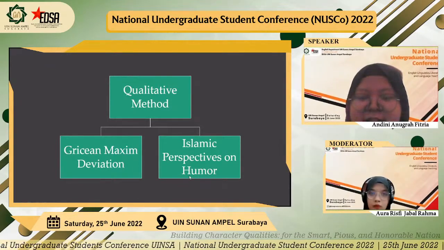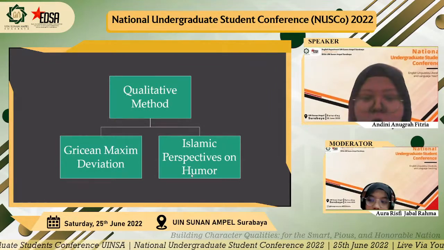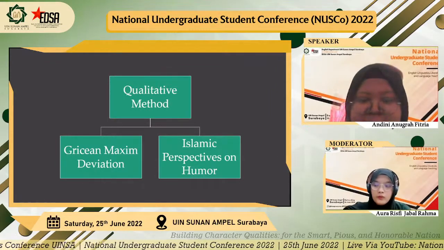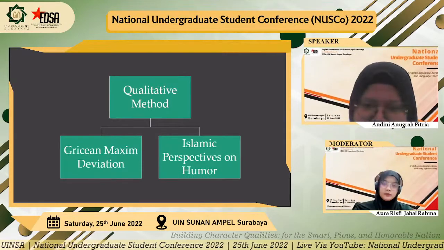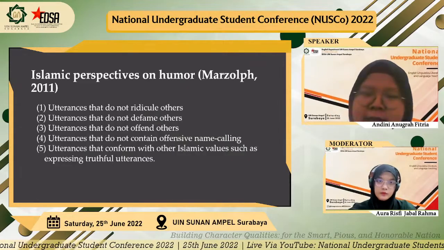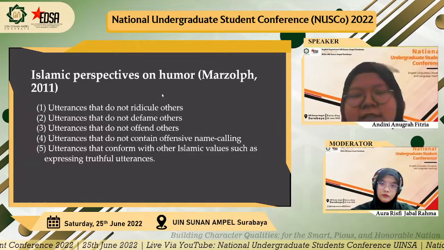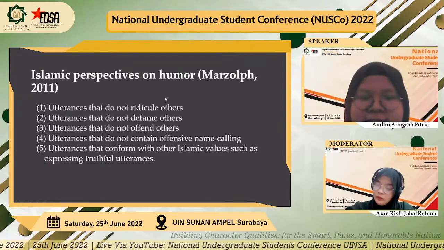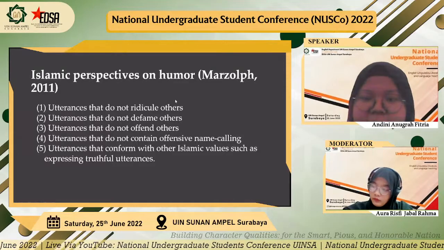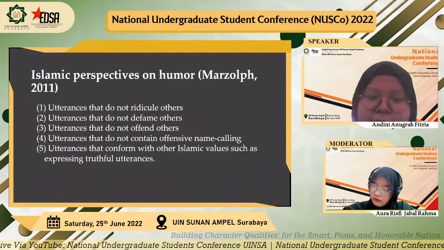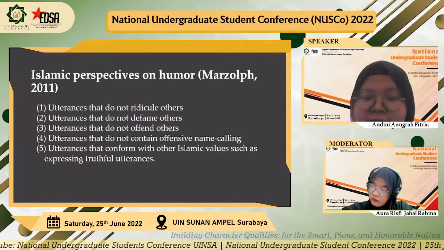And after analyzing the verbal humor using Gricean maxim deviation, the verbal humor utterances were examined and classified into the utterances that conform or do not conform with Islamic perspectives on humor. The Islamic perspectives on humor are taken from some Quranic verses and hadith that were interpreted by Mazov in 2011 in his paper about Muslim humor.